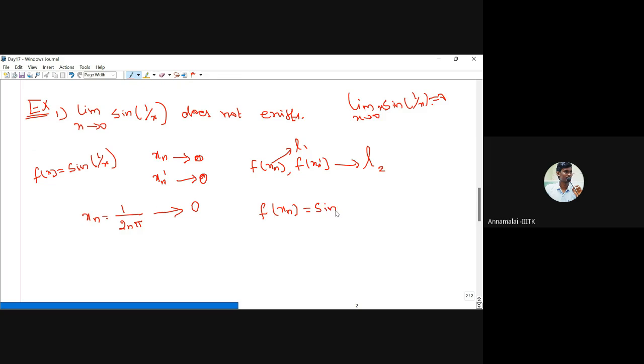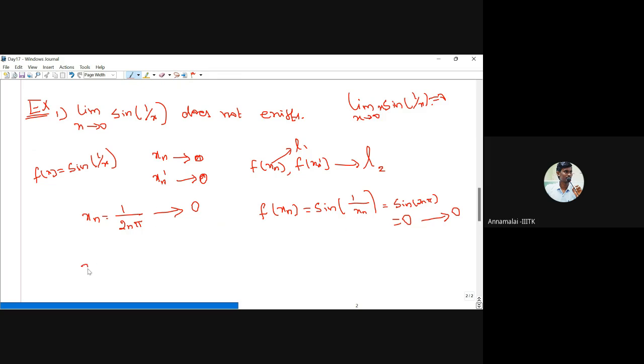Sine of 1 by xn. But xn is 1 by 2n pi, therefore this is nothing but sine of 2n pi. Sine of n pi is always 0. Therefore, this is nothing but the zero sequence: 0, 0, 0, which converges to 0.